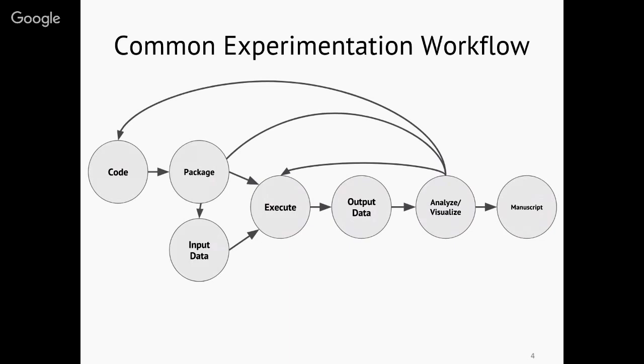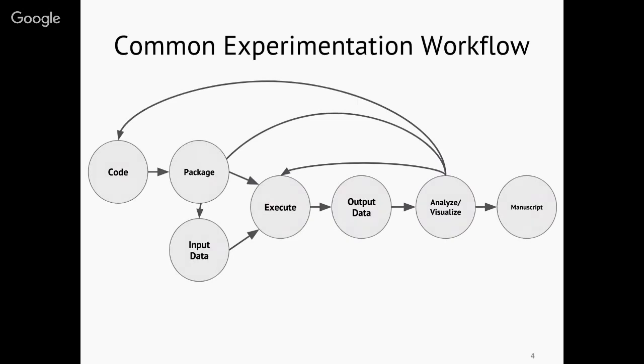At that point, depending on what we find, we might need to go back to the code and add more features or fix a bug, or try another input data set, or just tweak the parameters of an execution, and analyze and visualize again. Optionally, at the end, we might want to report results in the form of a manuscript, like a tech report, an article, or a workshop paper.